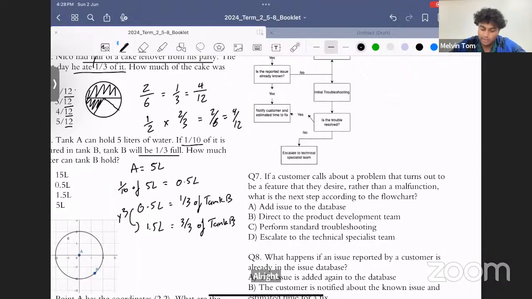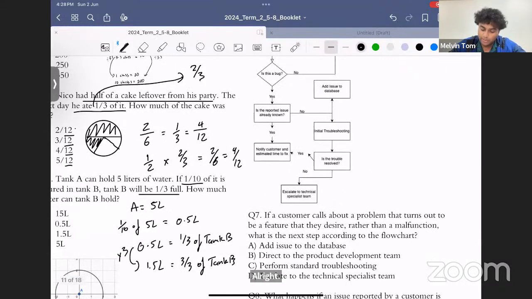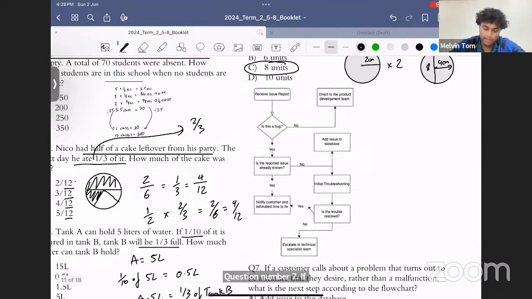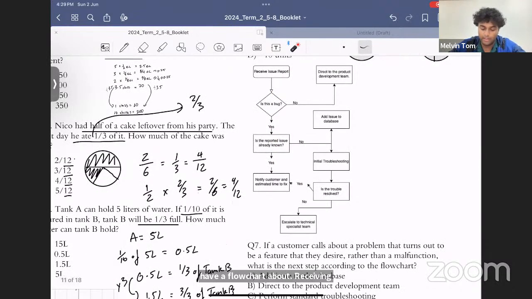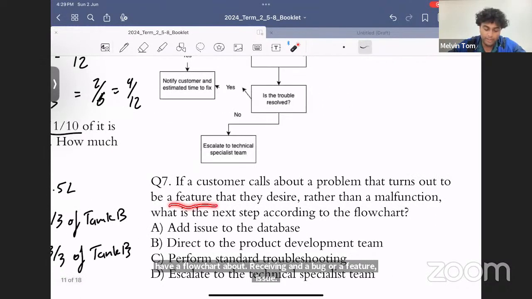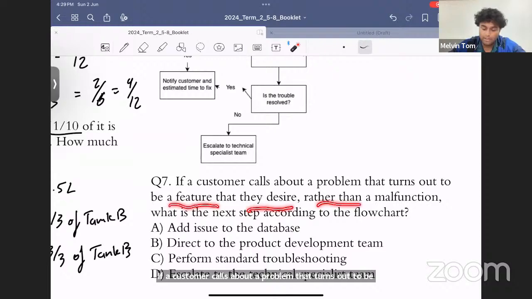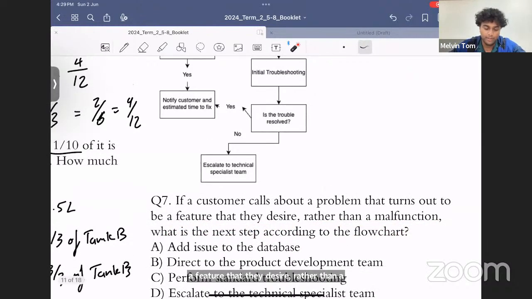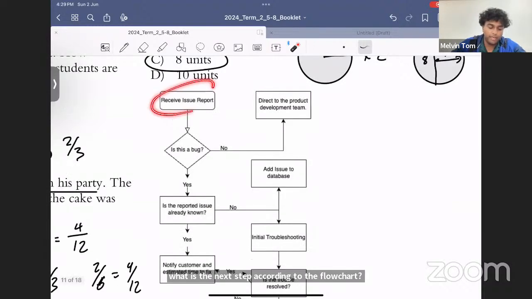Question number 7. If a customer calls you, so here we have a flow chart about receiving a bug or a feature issue. If a customer calls about a problem that turns out to be a feature that they desire rather than a malfunction, what is the next step according to the flow chart? So you start off by looking at the beginning of the issue report, and it asks you this question: is this a bug?